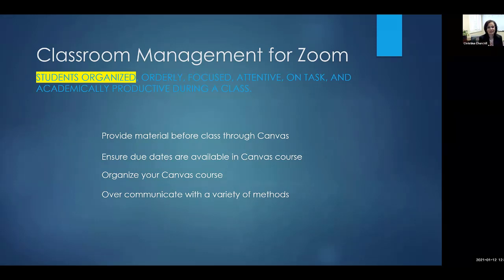And when I'm looking for that one email that you sent, I don't know where in the world it is, but if you posted it in announcements, it sends me an email, and it's always in announcements. And I know for that class, if I'm looking for that specific piece of information, I know for a fact I can go to announcements and find it. So, over communicate what the expectations are, and staying organized.